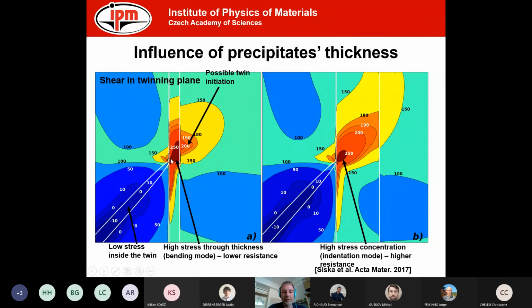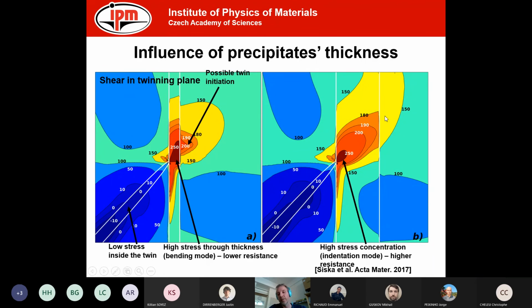Here you have a stress concentration that goes through the whole thickness of the precipitate, and even some concentration of stress behind the precipitate, and again this could work as the initiation site for another twin possibly, while in the thick precipitate it goes in a sort of indentation mode, so you have a stress concentration just localized at one side of the precipitate, but there is no such stress concentration behind the precipitate.